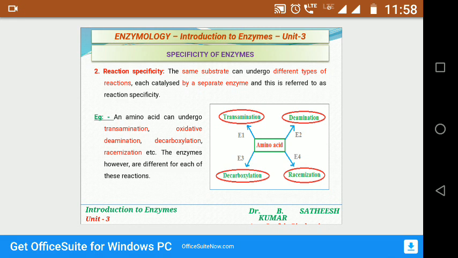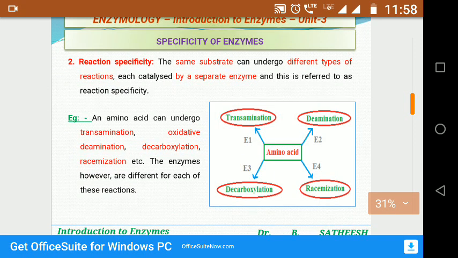And the second specificity is reaction specificity. Okay, so one molecule, say for example amino acid. Here we are taking the example of amino acid. Amino acid is a substrate. This amino acid will be a substrate for different types of enzymes.